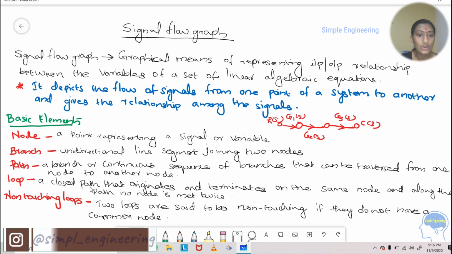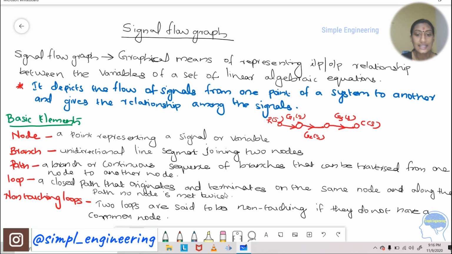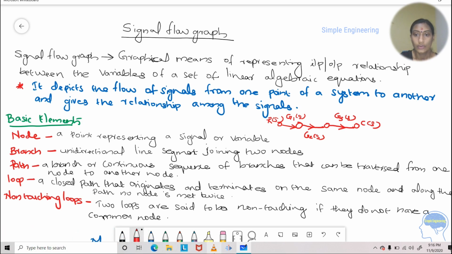Next is loop, a closed path that originates and terminates on the same node. For example, if I take this one node and this another node, this can be a loop. I am representing it as H1 of S. If I am giving numbers, this is 1, 2, 3, 4. So loop means it will start from one node and it is a closed path.